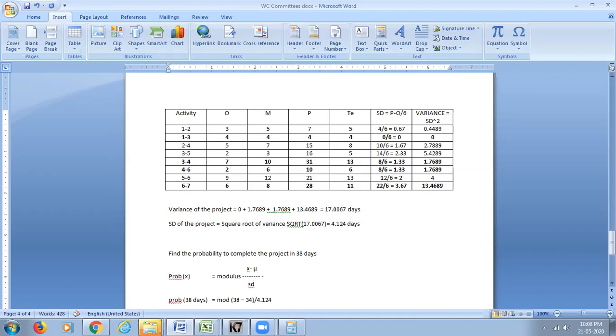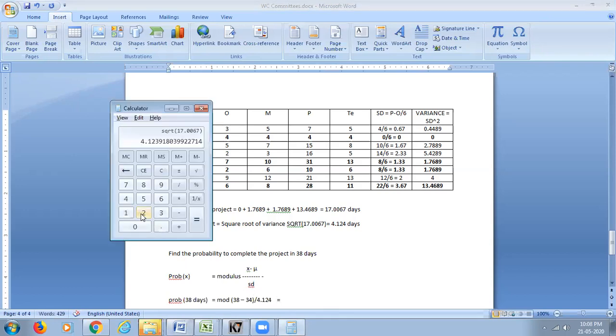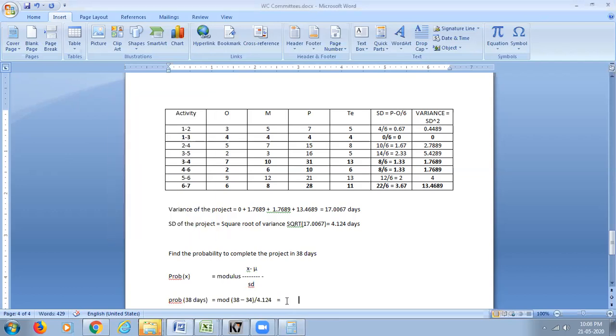End up with the answer 4 divided by 4.124, which is 0.969. Required only two decimal places, so it is 0.97.